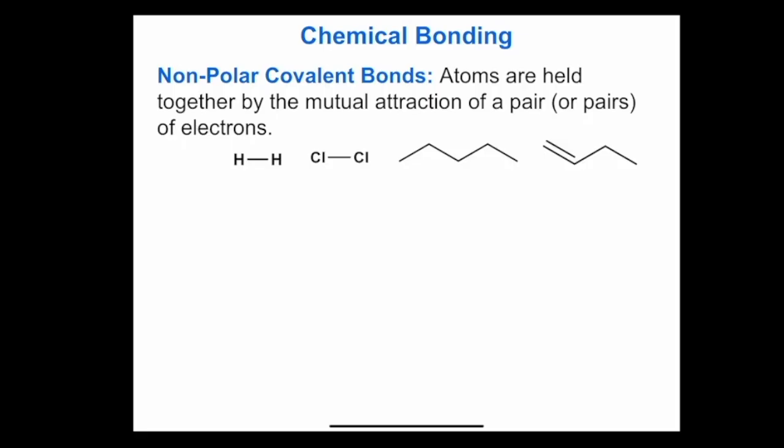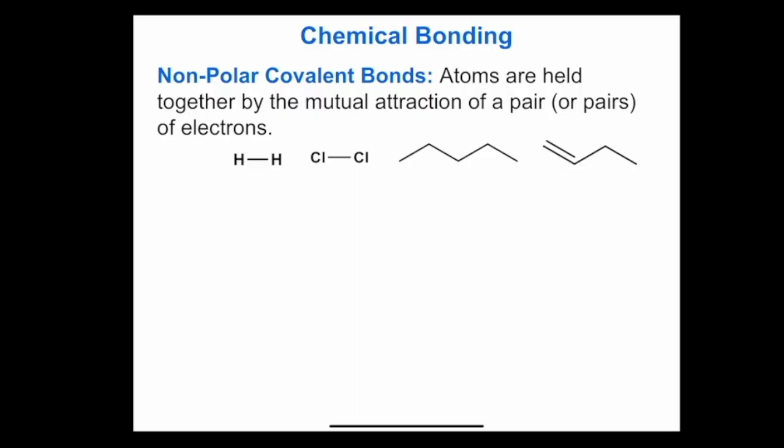So, bonding. Bonds are broken down generally into two general categories. We have covalent and ionic, right? The difference between these two: covalent bonds are when two atoms are sharing electrons between two different centers. Two electrons are what are holding these atoms together.